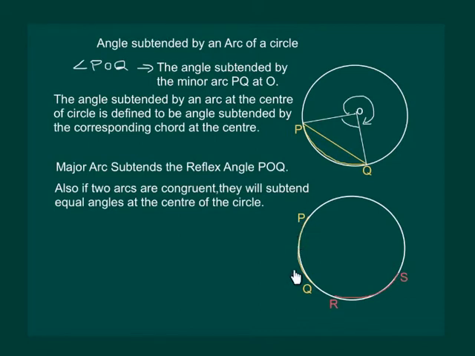If PQ and RS are two congruent arcs of the circle, then they will subtend equal angles at the center. That would mean that angle POQ will be equal to angle ROS.